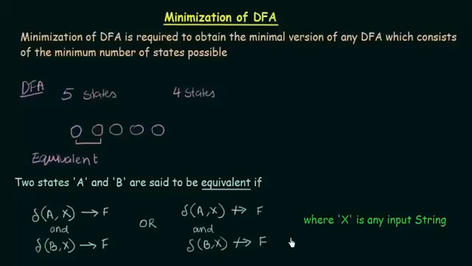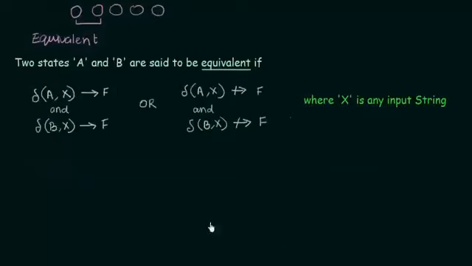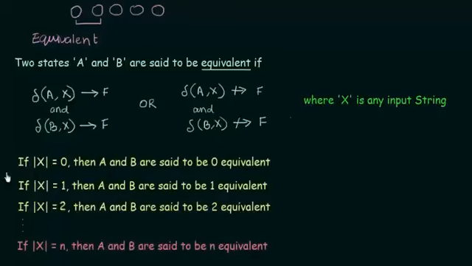And now what we have to study is types of equivalence. There are some different kinds of equivalences like 0 equivalence, 1 equivalence, 2 equivalence, and so on. So next we will be seeing what that is. So here we see that if mod x equal to 0, this means that if the length of the string x, here we have taken x as any input string, if the length of that string x is 0, then A and B are said to be 0 equivalent.